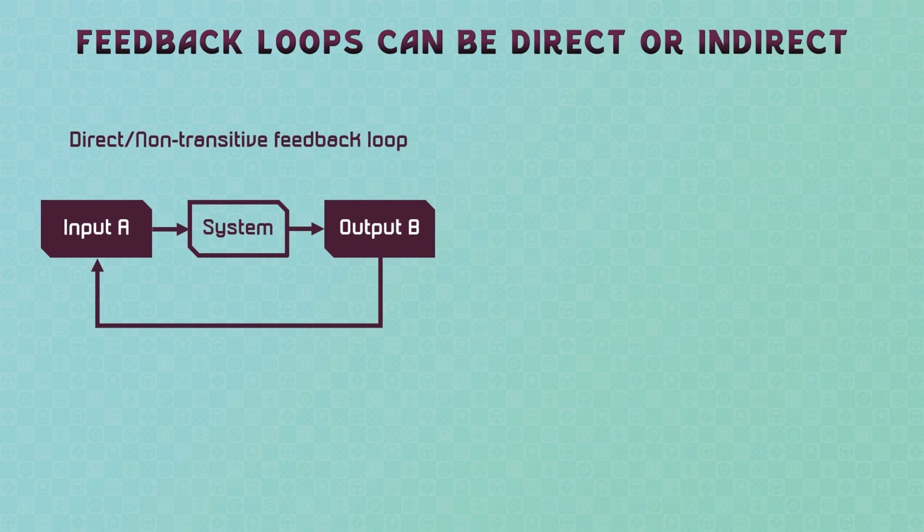So this diagram is the one you're already familiar with from the start of this lecture. And the direct part here is that the output B directly affects the input A, and there is no extra step in between. An example of a direct or non-transitive feedback loop would be your bank account. You gain interest based on how much money you have, and the money from those interests is directly put onto your bank account again. This direct connection makes it a non-transitive feedback loop.